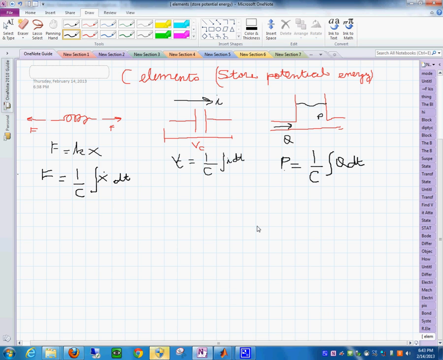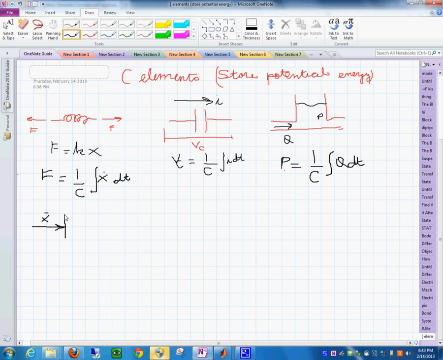Now, just as I did on the R element, how does the block diagram of this look like? And how does the bond graph model look like? So, in this case, what is the input here? The input is x dot. What happens to this input?